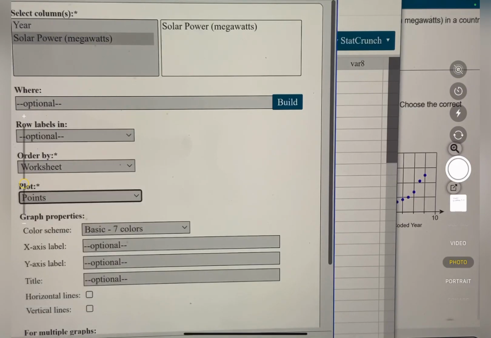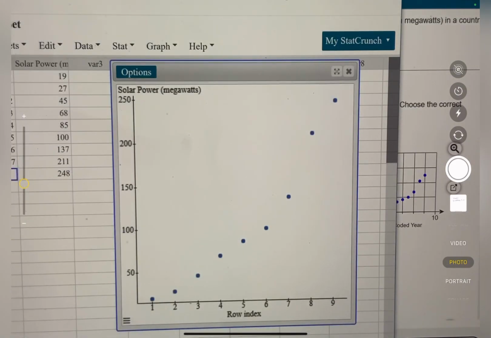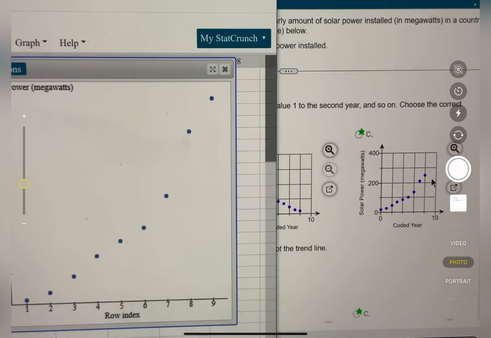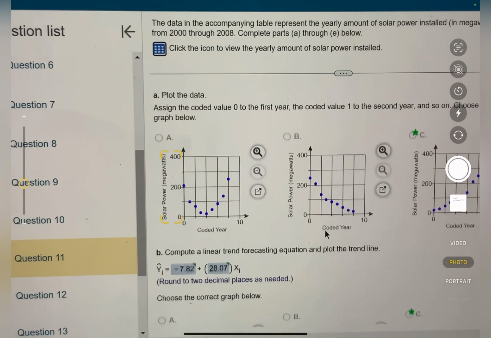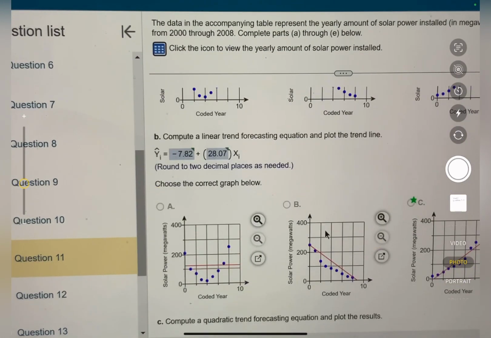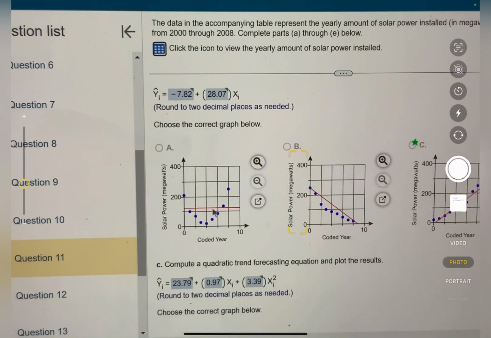Point. Okay, yeah, indeed, we are getting same graph here. Okay, this is the same plot. What is next question? Compute linear trend forecasting equation.